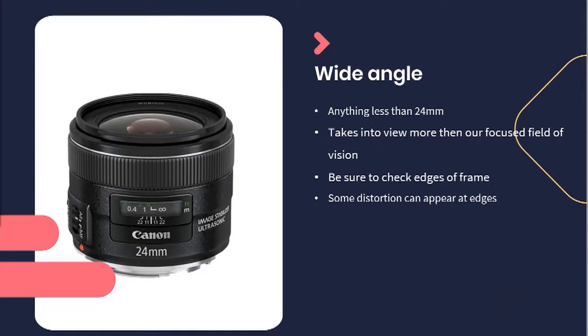Now, if you're lucky enough to be using cine lenses, they tend to reduce that distortion as much as possible, but again, remember you're paying extreme prices for them. So if you're using your standard photography lenses for capturing video, just be aware that you may end up with a little bit of distortion, a little bit of curvature at the edges of your frame.